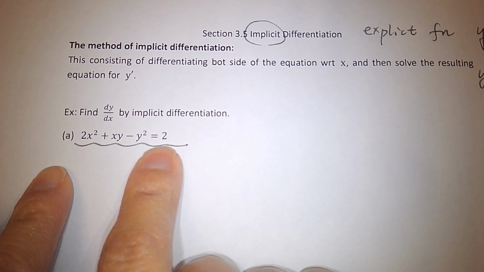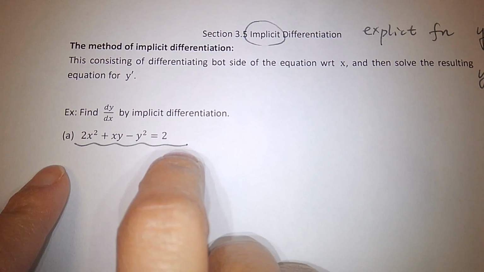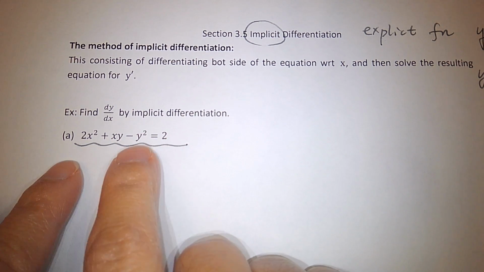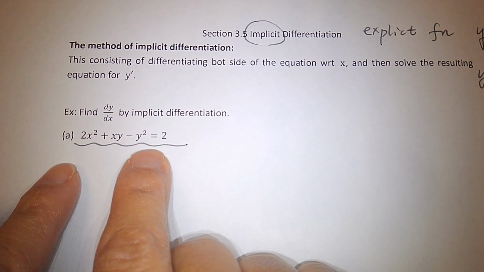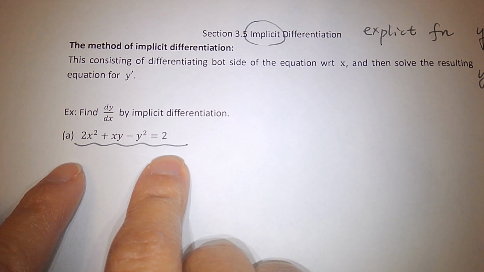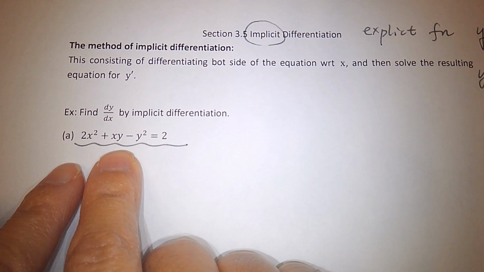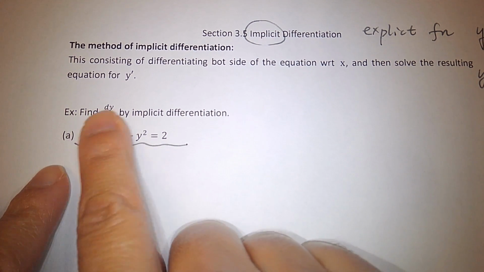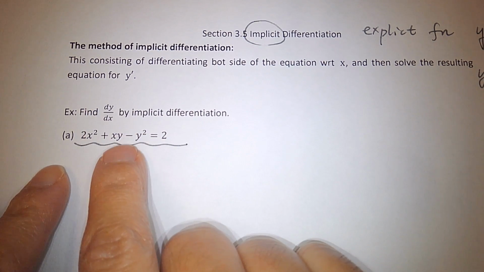Now question for you: can we isolate y on one side and then everything else, a function of x, on the other side? Can we separate y from this equation? No. But y is still a function of x. So this kind of equation gives us an implicit function of y with respect to x.